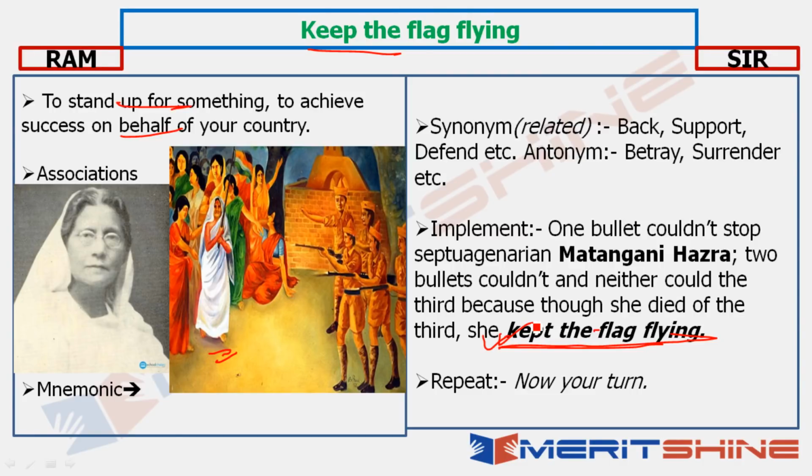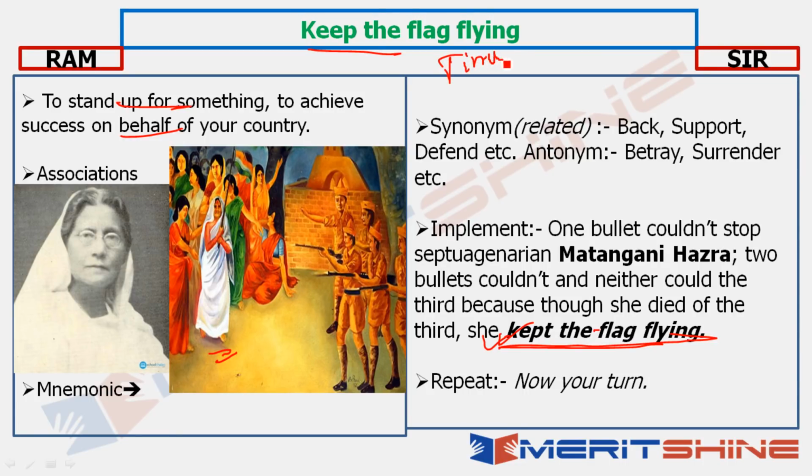As I am on flag heroes, let me take the names of the other flag heroes too. The prominent flag heroes, some of whom gave their lives for hoisting the Indian flag.